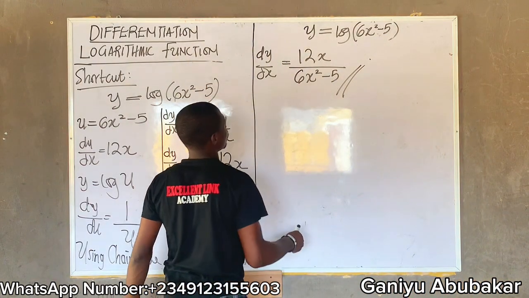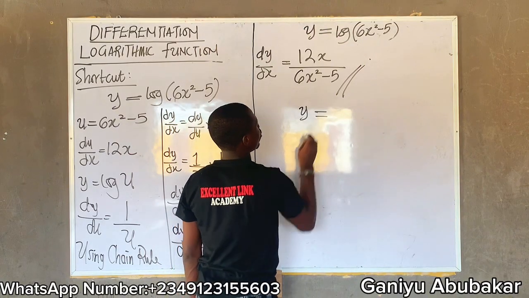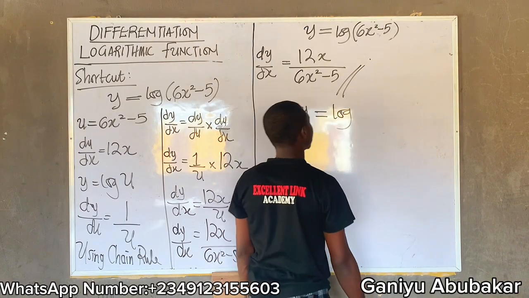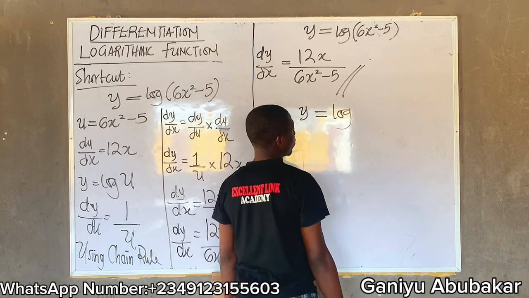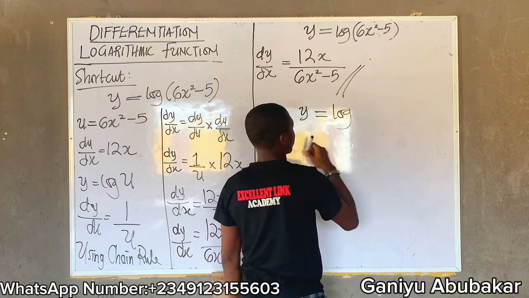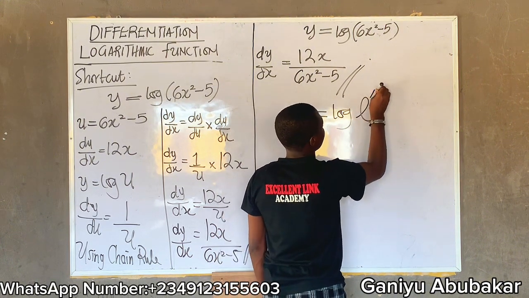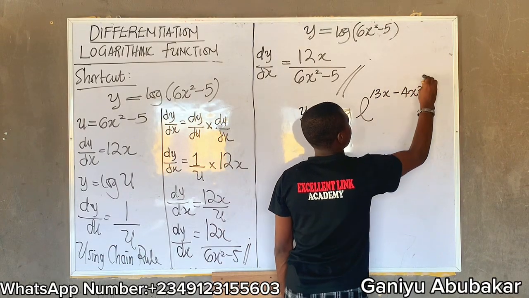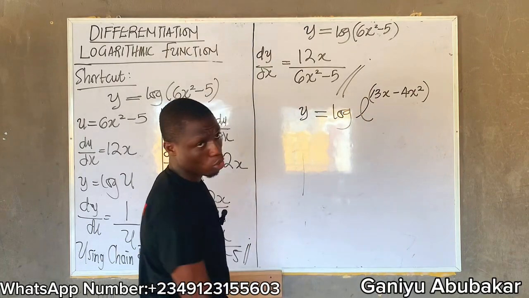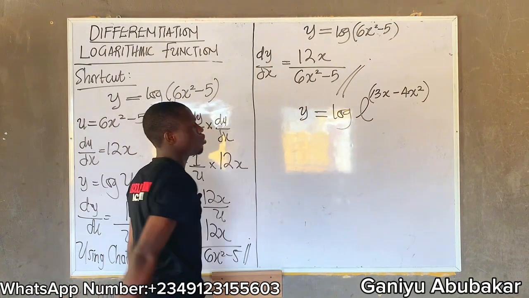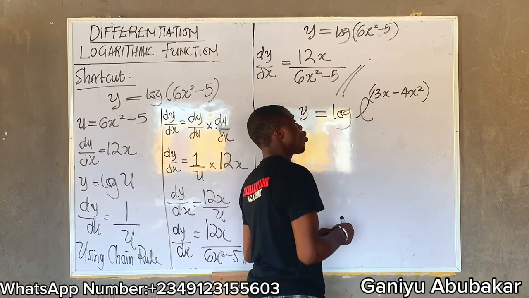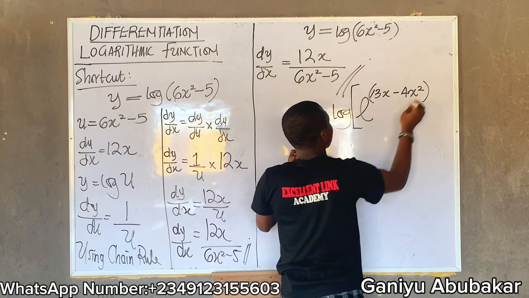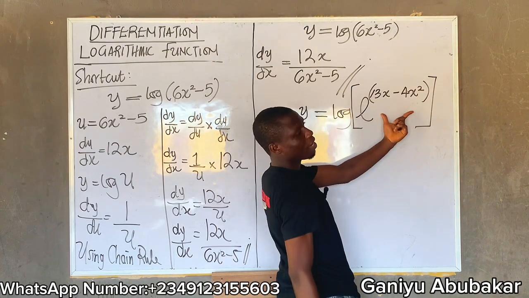Basically, example 2. Let's say I have that y is equal to log of, let me use a special function, log of exponential 13x minus 4x squared. For instance, let's say I have this. Let's apply the shortcut to this. So how do you solve this using the shortcut? The term that should be in the bracket is this one.